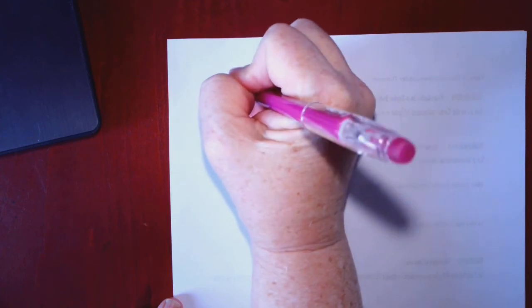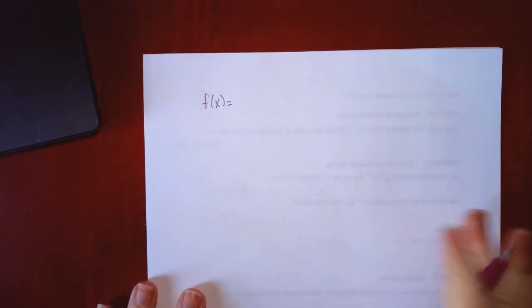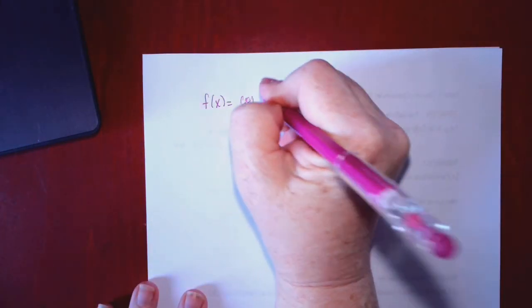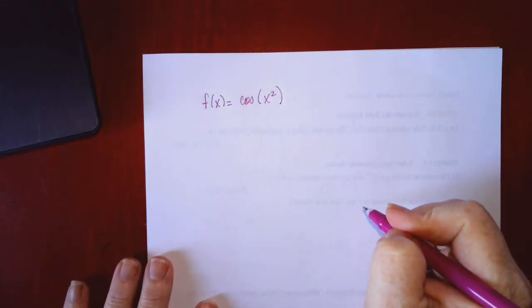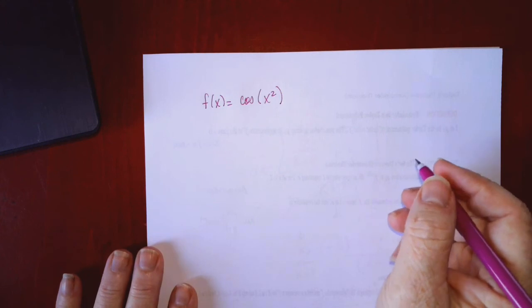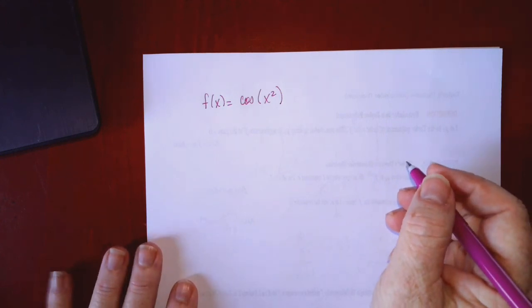All right, so I want you to differentiate the following power series. We have f of x is equal to the cosine of x squared, and we want to differentiate the Taylor series about 0 for f of x.